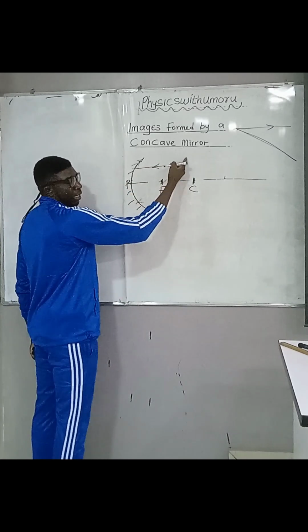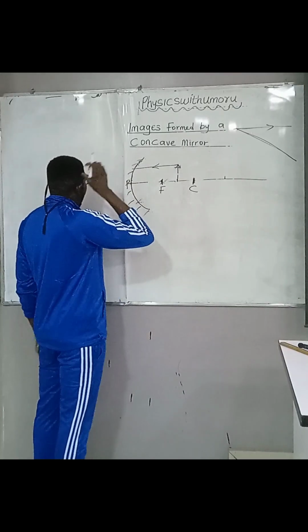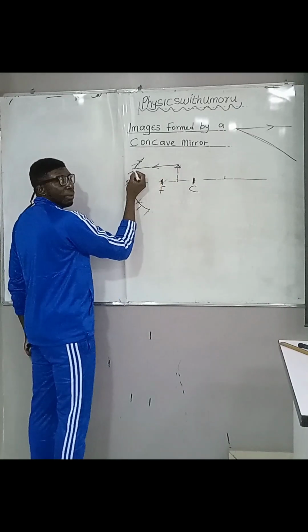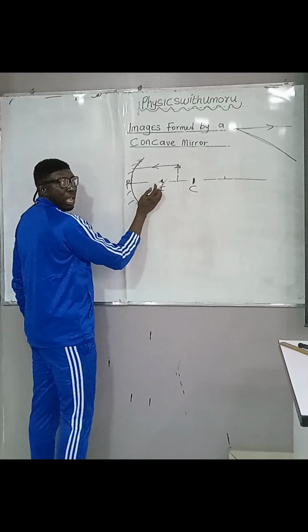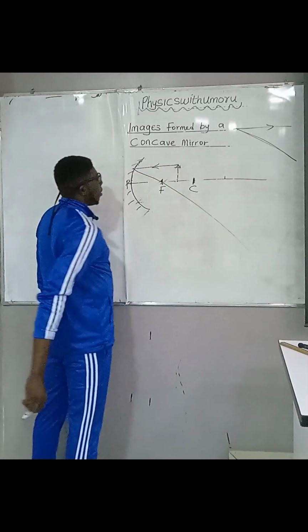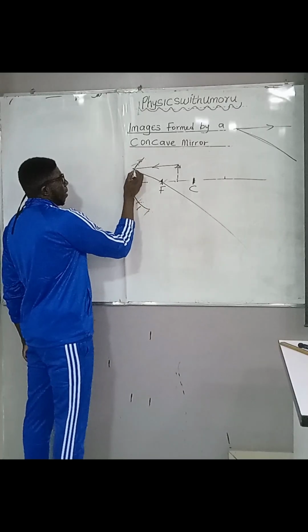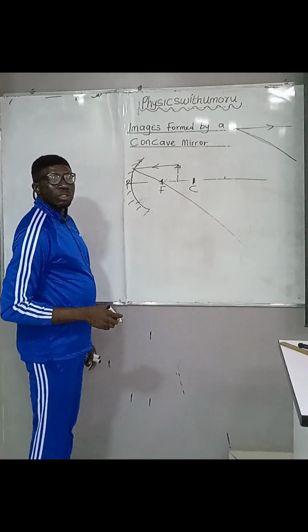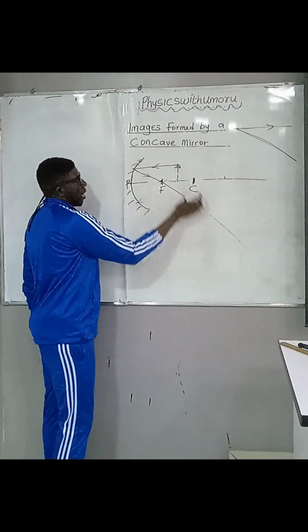And the other one will be diagonal. So the parallel ray, when it hits the mirror, must pass through F. Remember? So it's going to pass through F down. Okay, so this is the reflected ray and this is the incident ray.